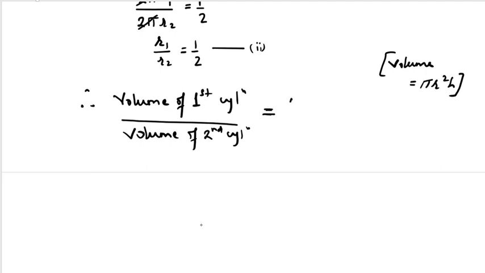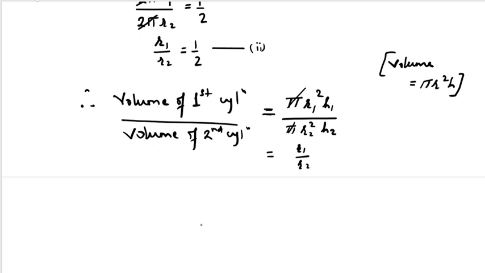And the first cylinder's radius is r1, height is h1. For the second cylinder, the radius is r2, height is h2, and pi will get cancelled, right? Then r1 by r2 both are under square, so I can write a square.